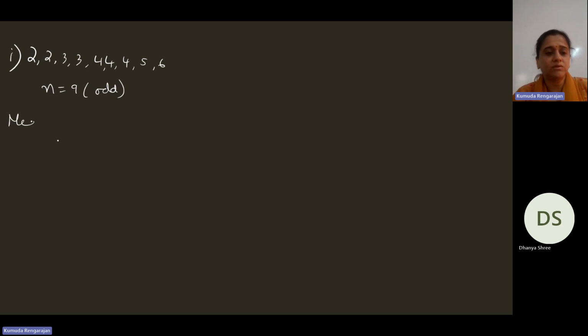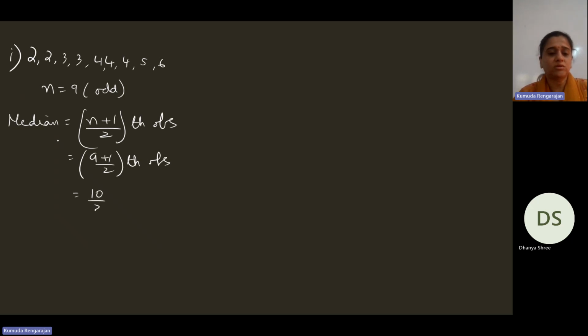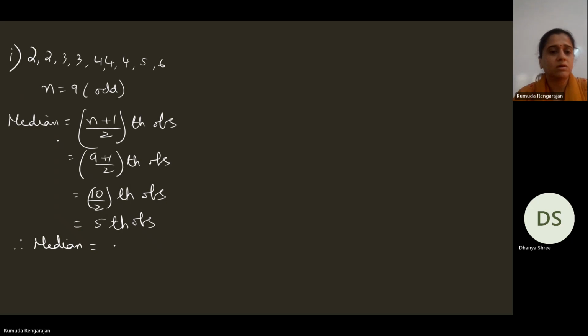So median is equal to the (n plus 1) by 2th observation, 9 plus 1 by 2, 10 by 2, the 5th observation. Therefore, median is equal to 4. What's the mode? Mode is equal to 4.